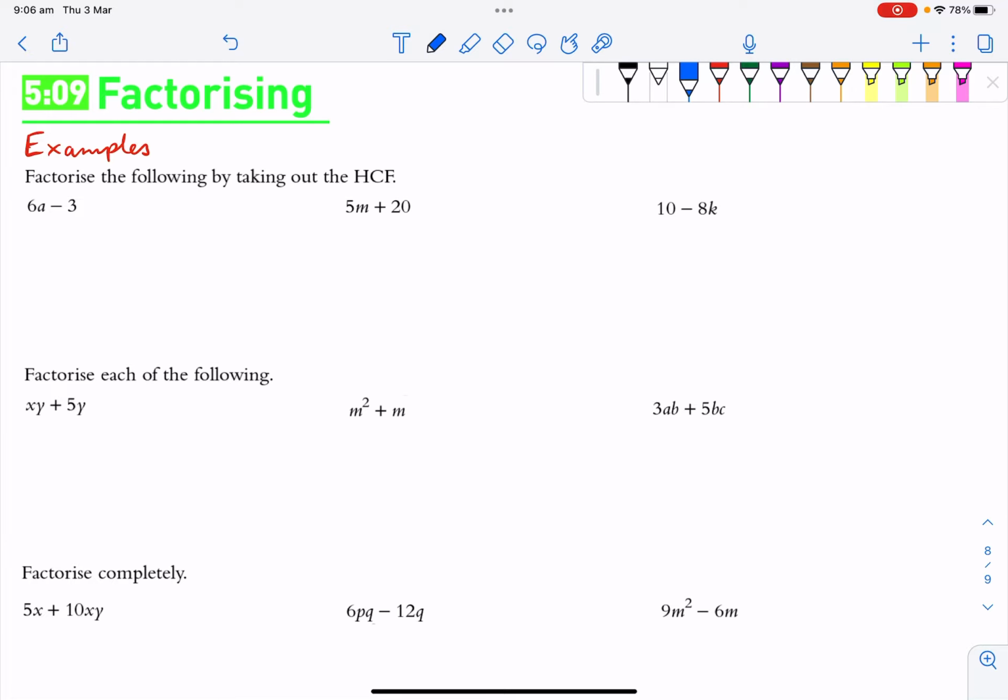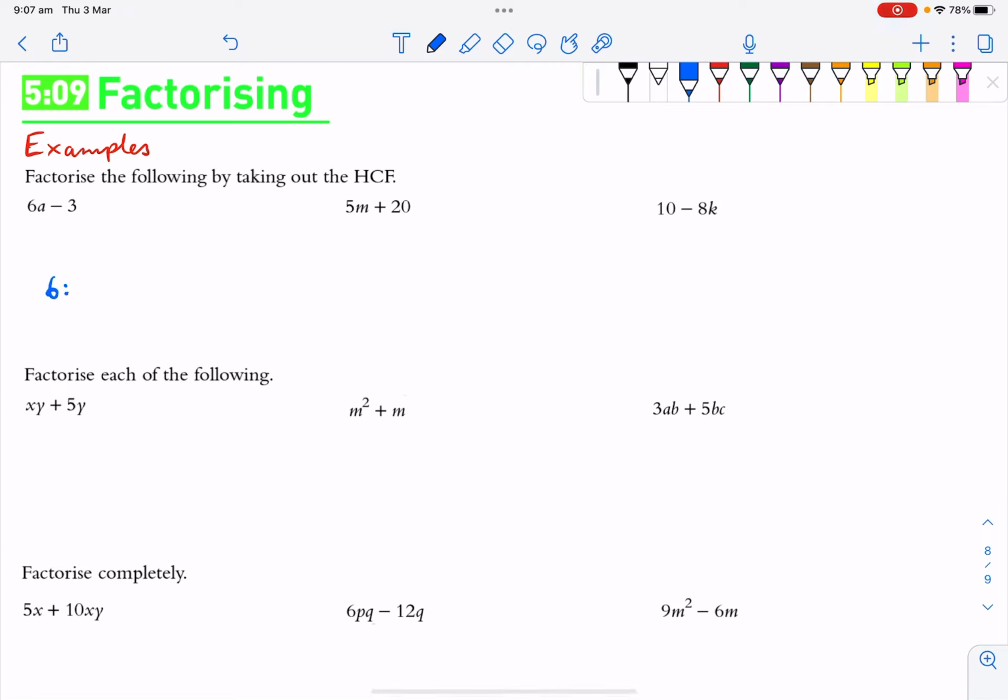Factorization could require numbers, it could require pronumerals. You have to make your mind aware as to what you're trying to factor out here. Now, you can guess at a first glance. If we look here, we have the numbers 6 and 3. And we look at the common factor, or the HCF, of 6 and 3. So what divides both 6 and 3?